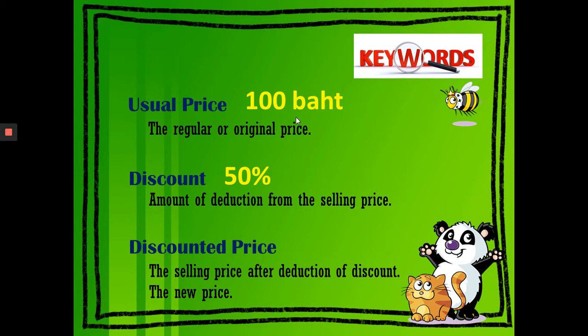So the discounted price that you have to pay is only half. That is 50 baht. So the usual price is 100 baht. The discount is 50%. So the discounted price, the new price that you're gonna pay, is 50 baht only. All right. So these are the words that we're going to use in this lesson.